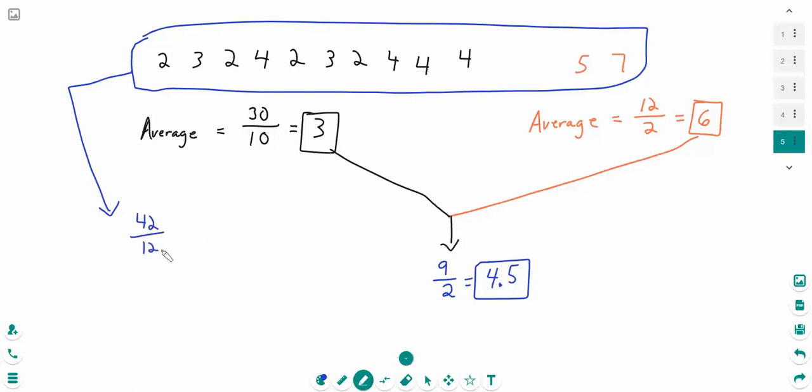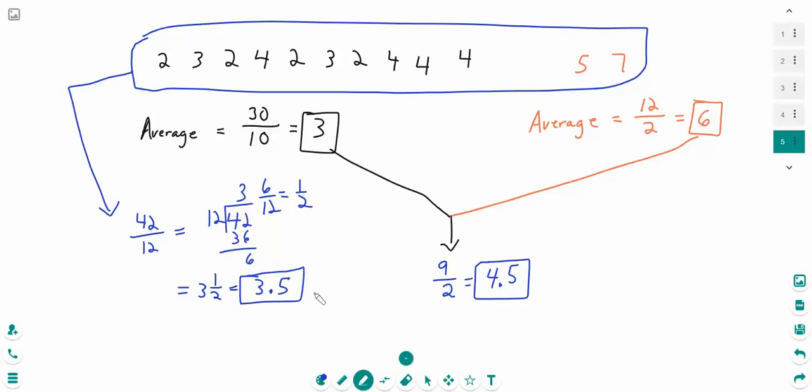That's going to be by 12, right? So what's 42 divided by 12? All right, well, it's going to be 3, remainder 6, which is 1/2. So it's 3.5, or as a decimal, 3.5.